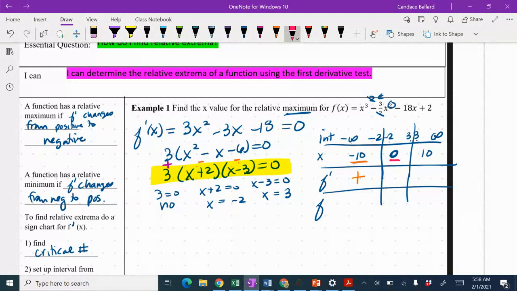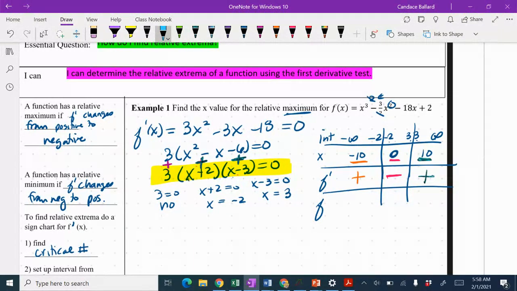When I put in a 0, I get a positive number here and a negative number here. So positive times positive is positive, times a negative would be negative. Then we're going to plug in the positive 10. When I plug in a positive 10, it's positive. When I plug in a positive 10 here, it's also positive. So positive times positive times positive is going to be positive.